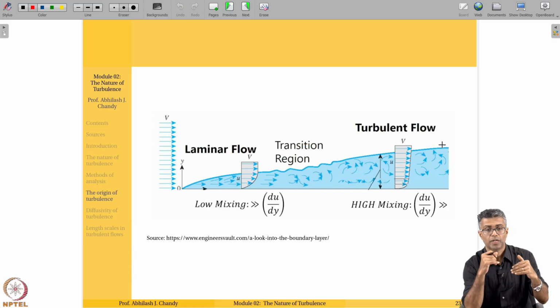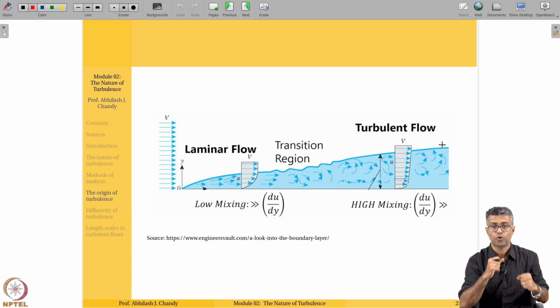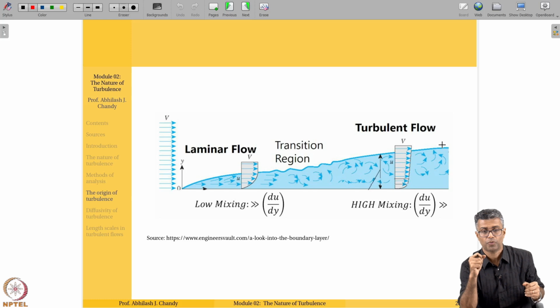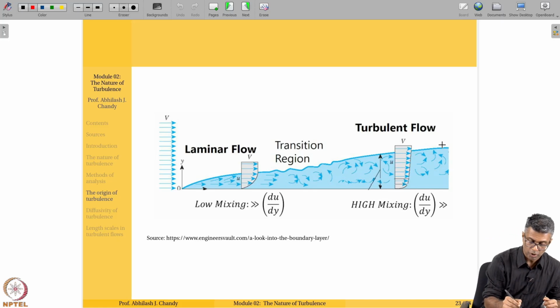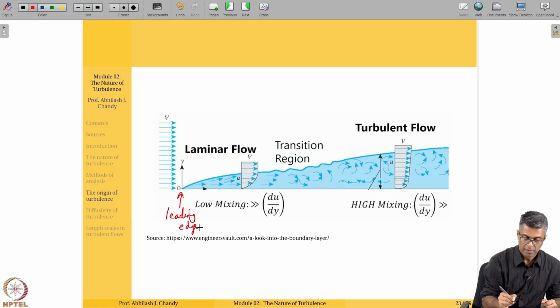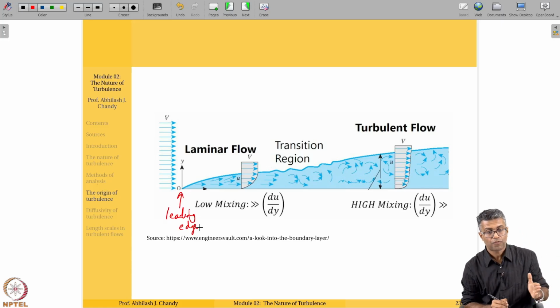So this figure illustrates, say, flow over a flat plate. You have a boundary layer over a flat plate. And initially, at the leading edge, where the flow is coming onto the plate, you have flow that is laminar.